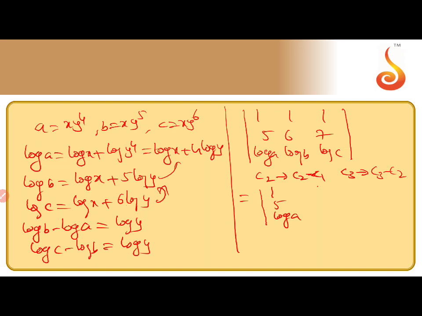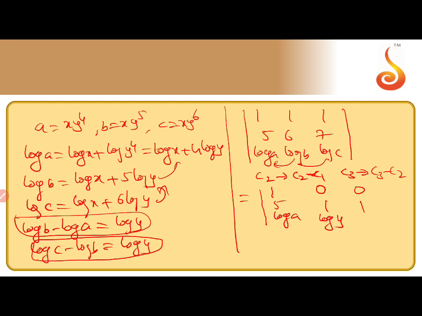Now 1 minus 1 is 0, 6 minus 5 is 1, log b minus log a, which is log y. Next, 1 minus 1 is 0, 7 minus 6 is 1, log c minus log b, which is log y. Observe that these two columns are the same. If these two are the same, the value of the determinant is 0, since C2 equals C3.